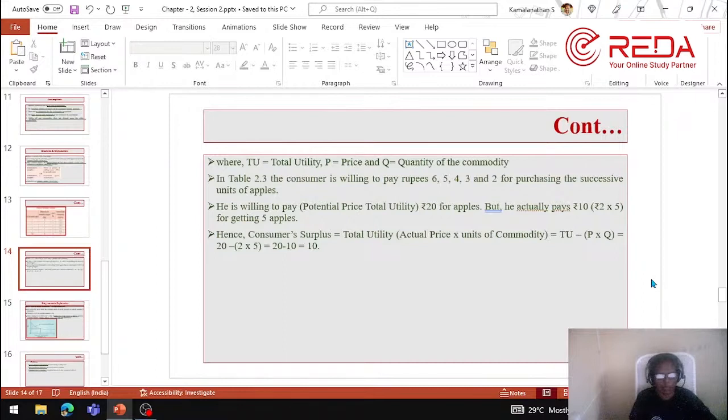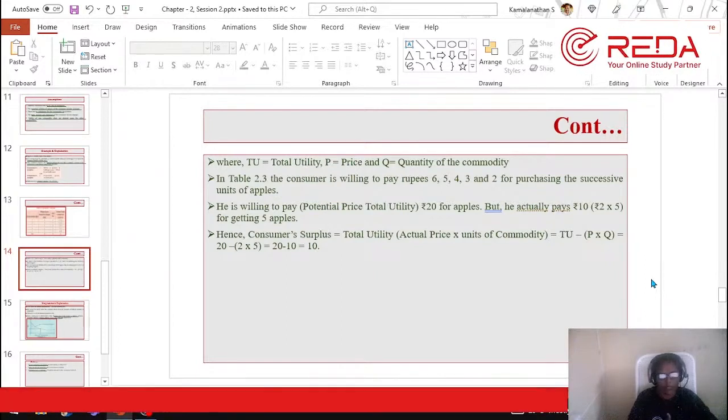Willing to pay is the potential price, and actual price is the price fixed by the sellers in the market. And the consumer surplus is the potential price minus the actual price level.